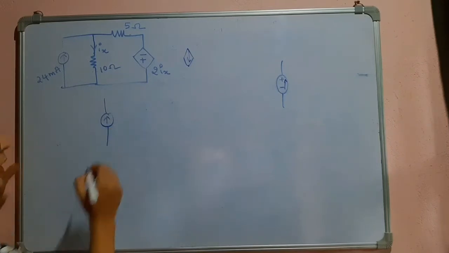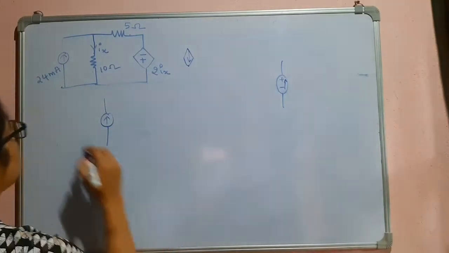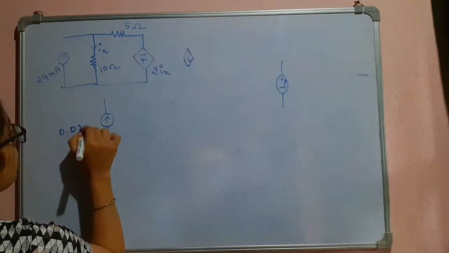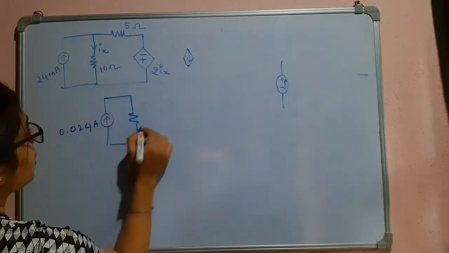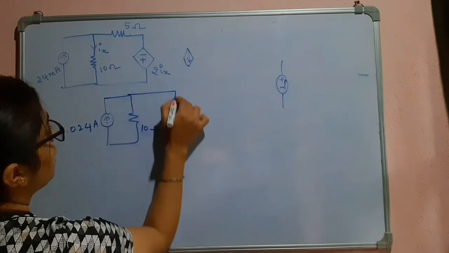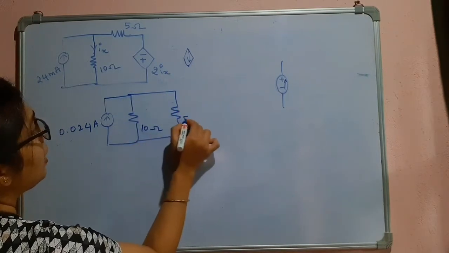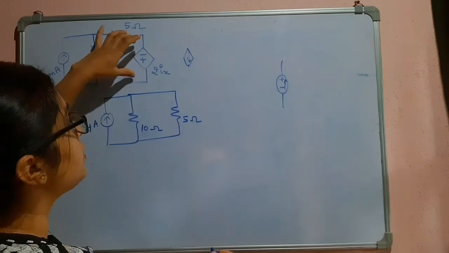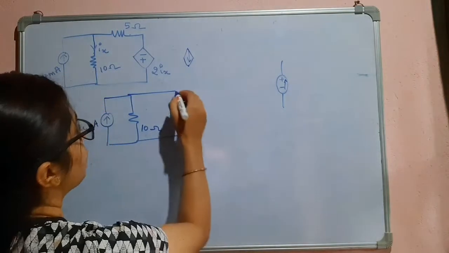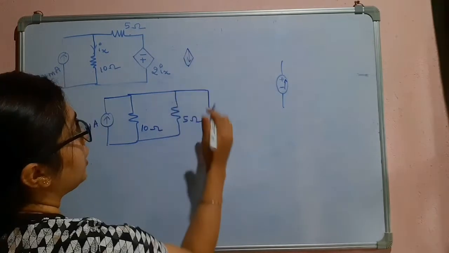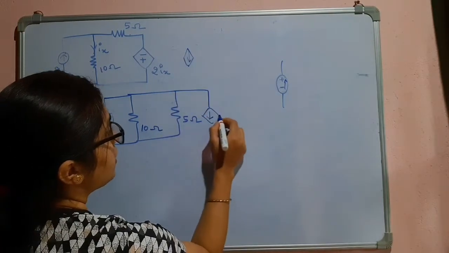I will write it in amperes for simplification, that is 0.024 amperes. Then we have 10 ohms, and here a resistor which is in parallel, because I am going to convert this dependent voltage source to a dependent current source. I told you about the direction already, so this is downwards.